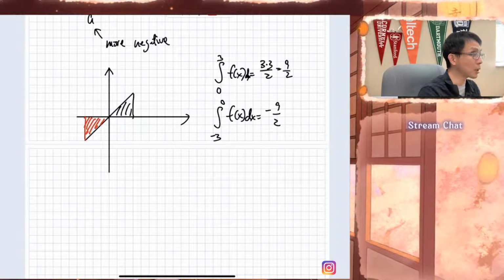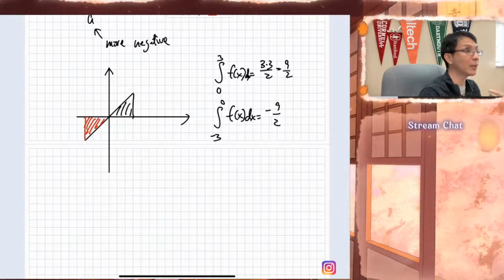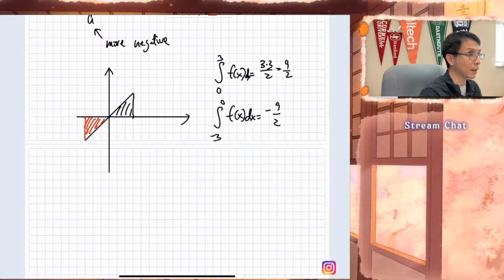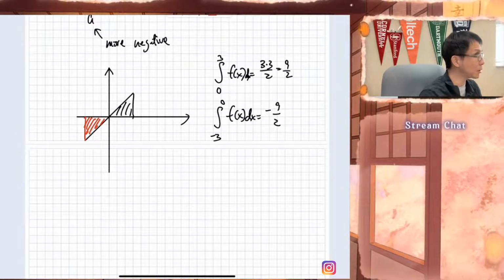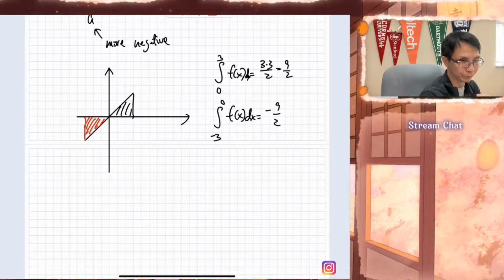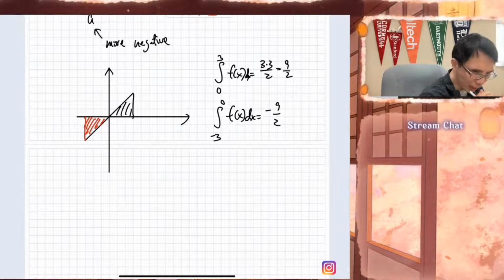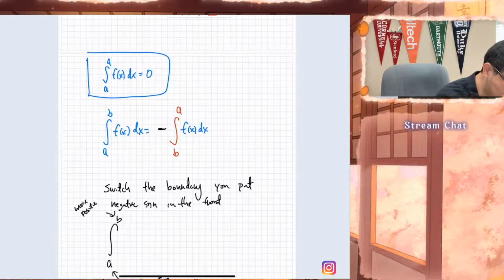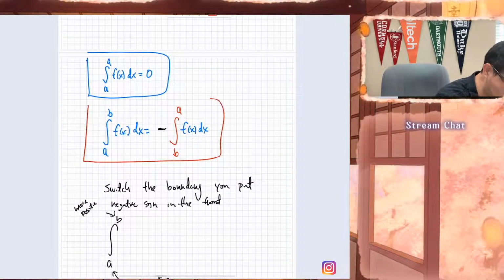The test question, however, will give you a trick. It will ask you to play with it. So here's my question to you, and pay attention to how the question is worded. Before that, I need to talk about one more property. So the first property is this one. The second property is this one.